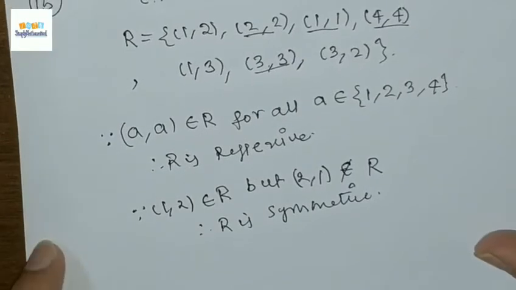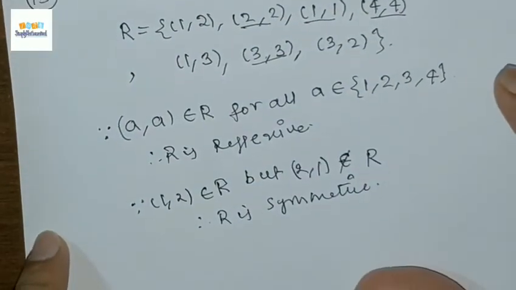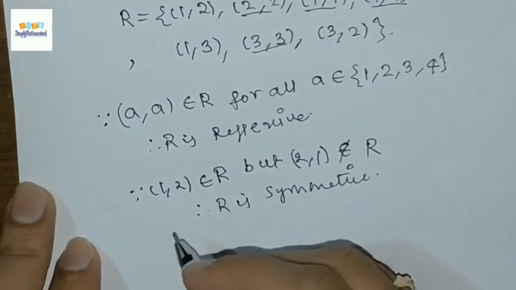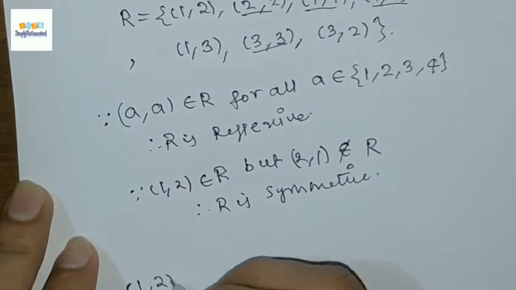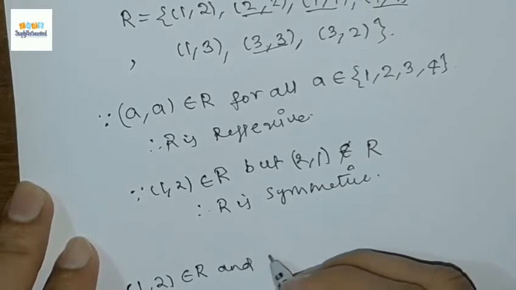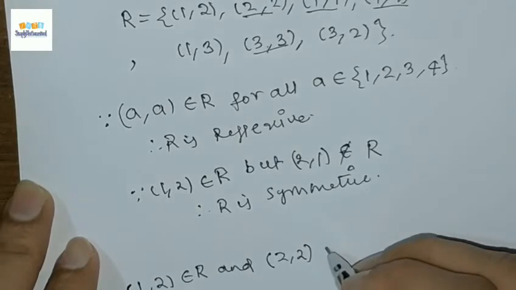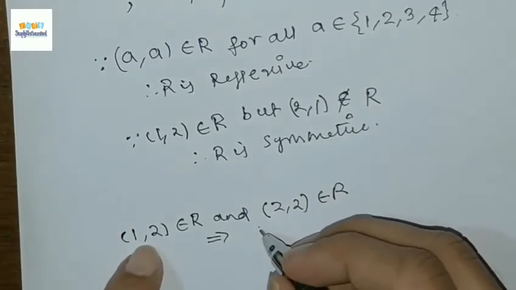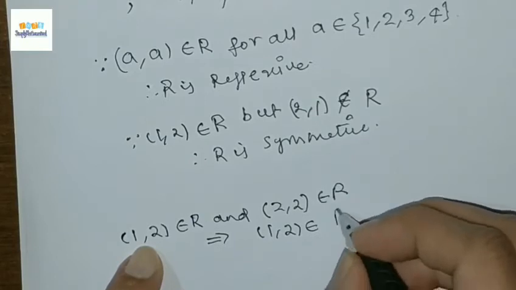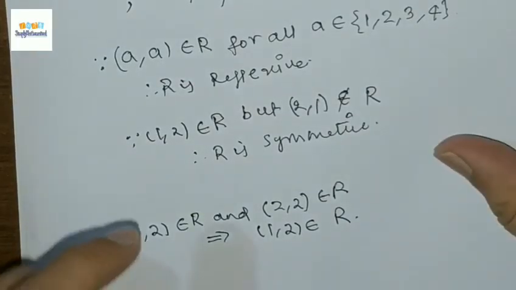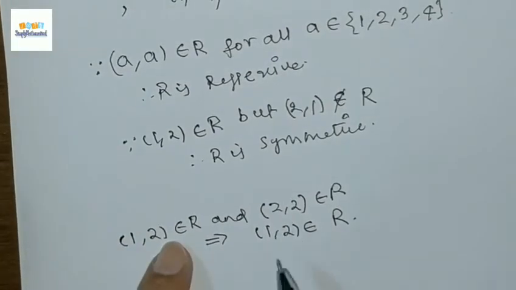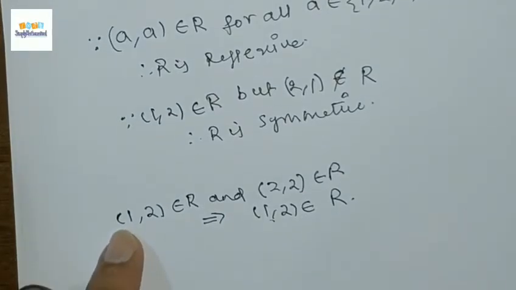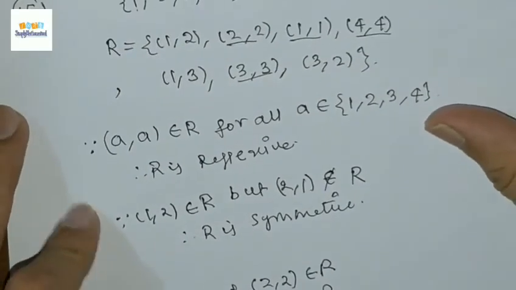Now we will check whether the relation R is transitive. So if you take elements (1, 2) belonging to the set R and (2, 2) belonging to the set R, then this implies that (1, 2) is in the set R. So we have taken two elements in this way and we got that the element (1, 2) belongs to the set R. We have to check all such elements.